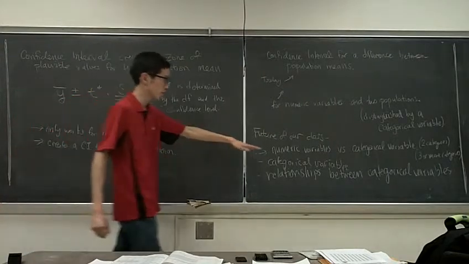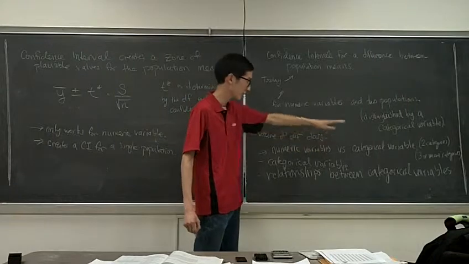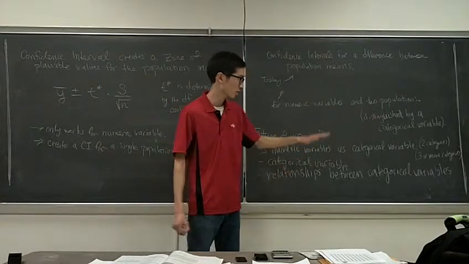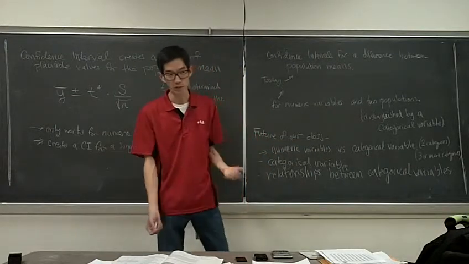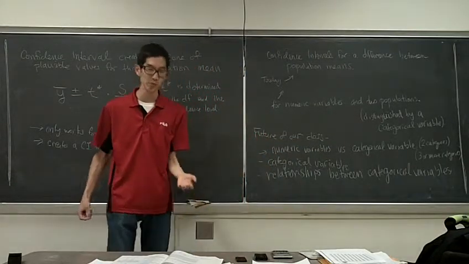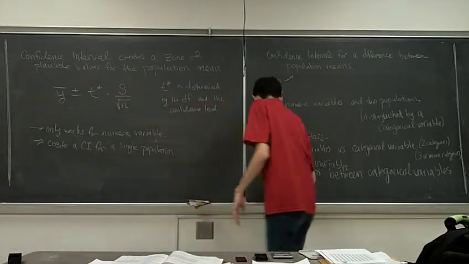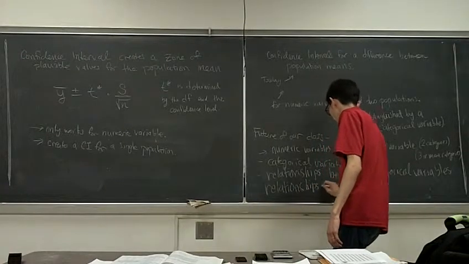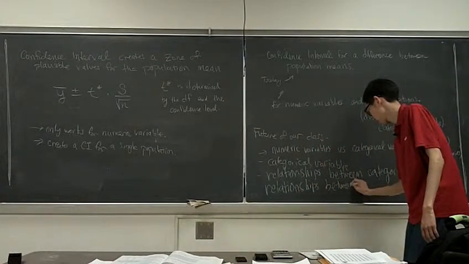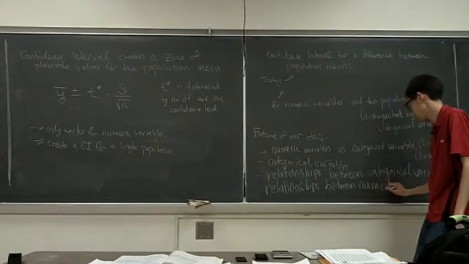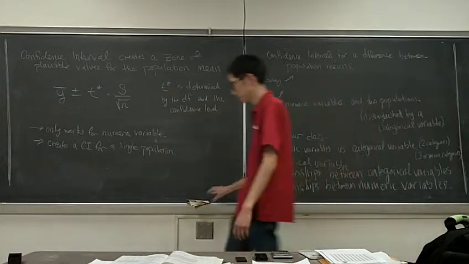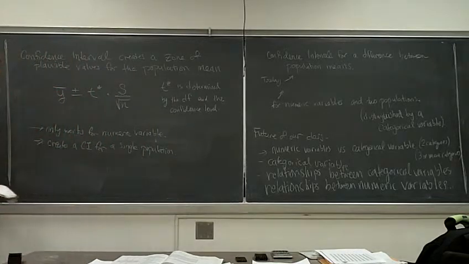So here we've got numeric relationships between numeric variables and categorical variables, categorical variables by themselves, relationships between categorical variables and categorical variables, and then we'll also see relationships between numeric variables and numeric variables. So that's where we are headed.